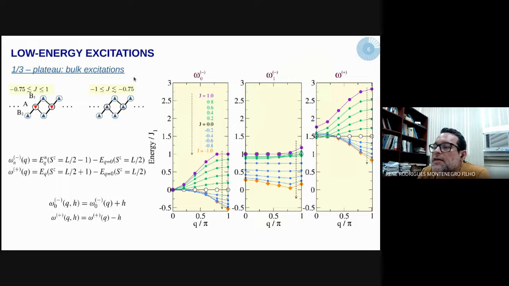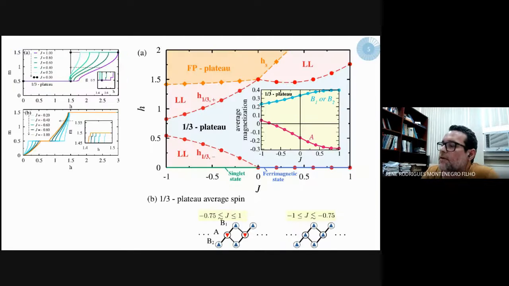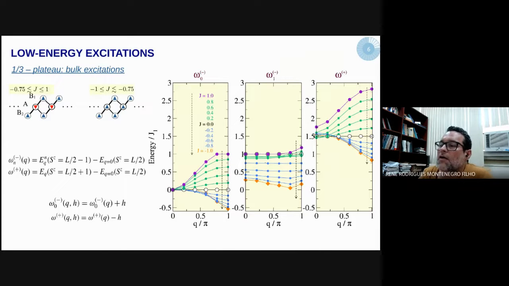Low energy excitations. We will study the low energy excitations from the 1/3 plateau first, and second from the singlet state here. From the 1/3 plateau, we have bulk excitations.